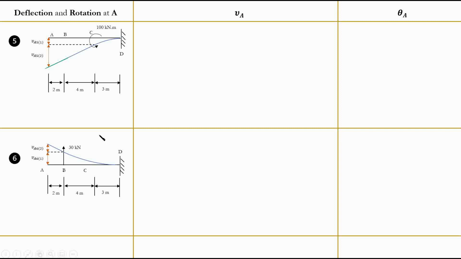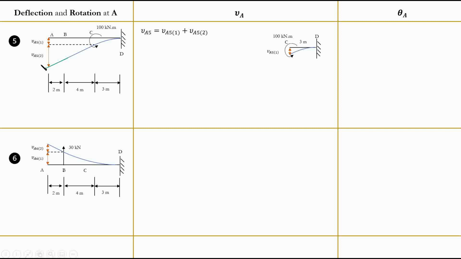The main reason is that I can divide this case into 2 cases. I have this portion, which I can find from my table. I have a cantilever portion, and the moment is applied at the end, and this is going to be my value. So this is my deflection right here.